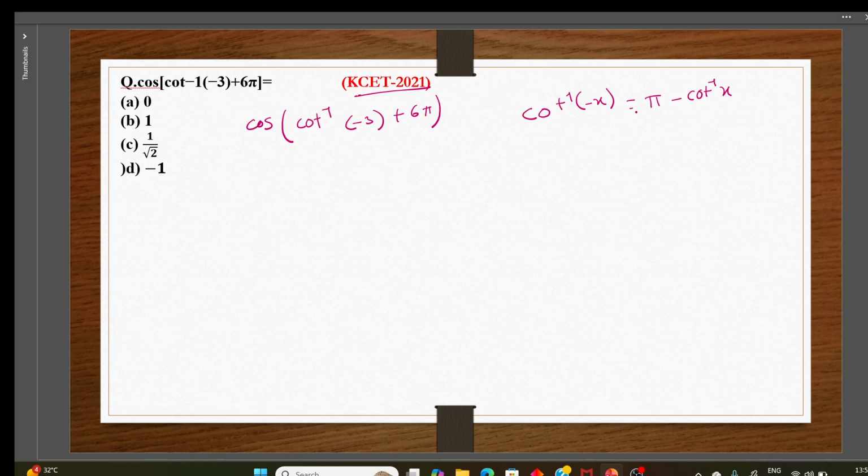So cos of pi minus cot inverse of root 3, plus 6 pi. Actually in the question we missed the root 3, so it is root 3. Because here it is cot of root 3, so cos of pi minus cot inverse root 3 is pi by 6, plus pi by 6. Sorry, here.